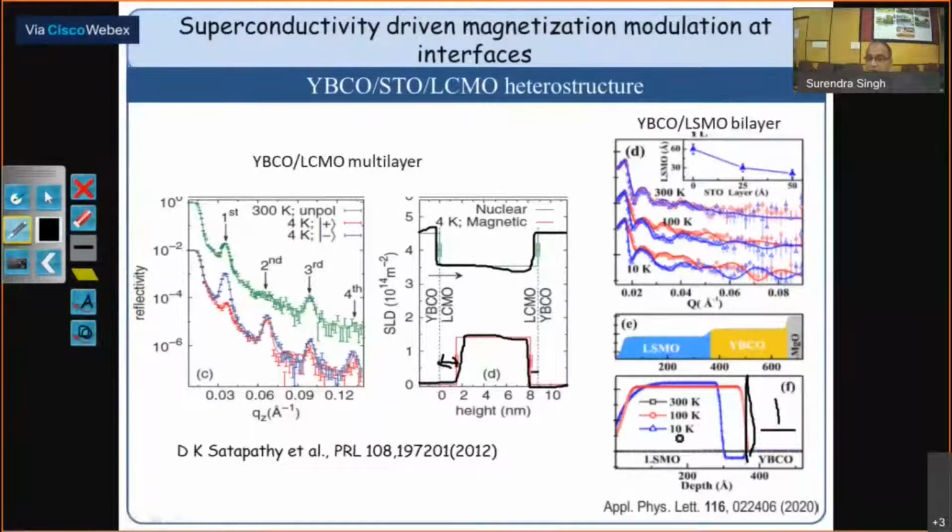But at 10K, there is an inverse magnetization, which is around, as I said, 35 angstrom thick, showing a reduction of magnetization in LSMO when it goes below the superconducting transition temperature. But this is just the proximity effect.